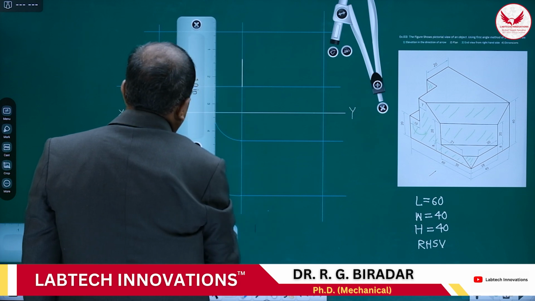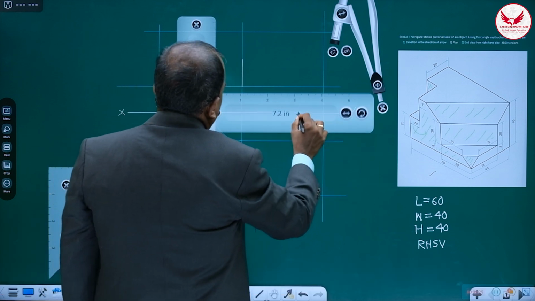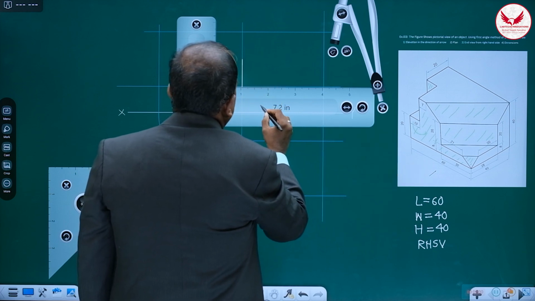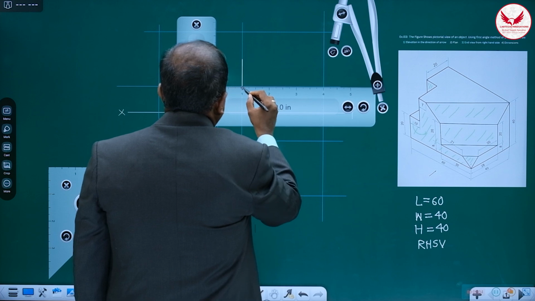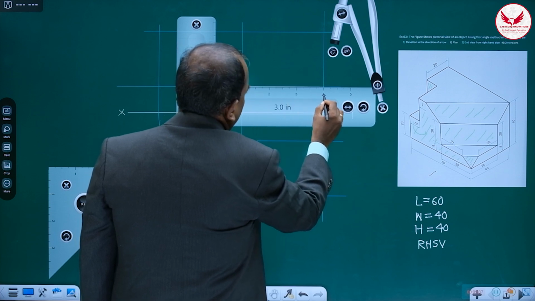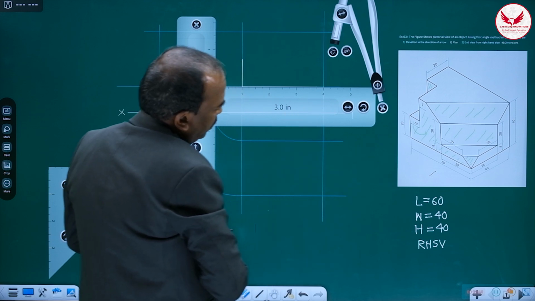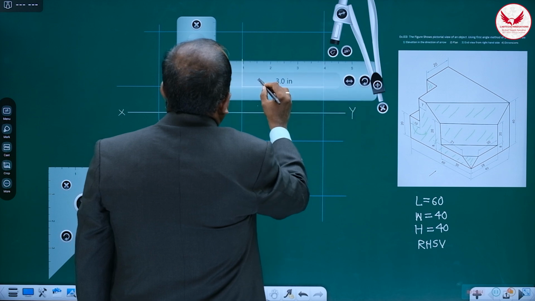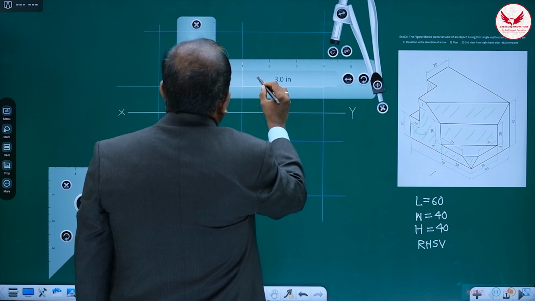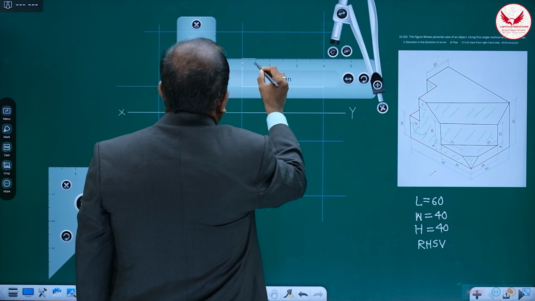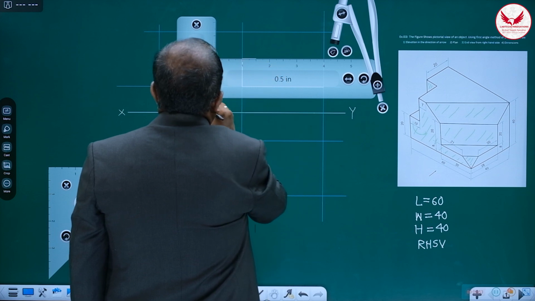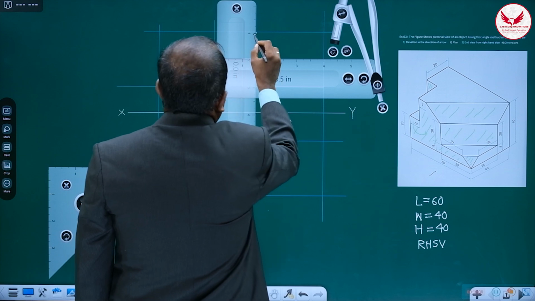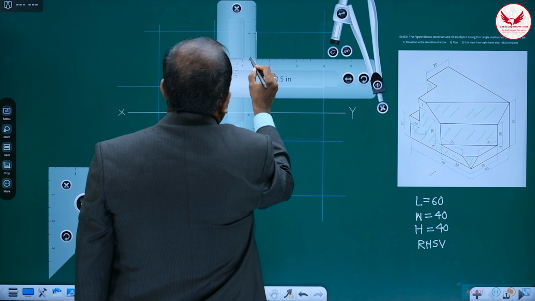Once you mark this 20, then if you see, it is completely 60 without any obstacle. After this it is 10, and then again it is 20.